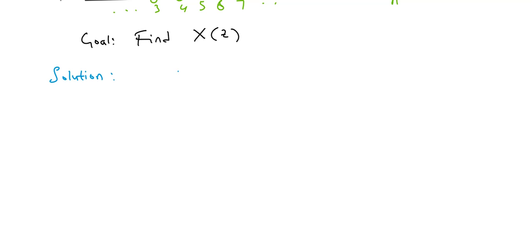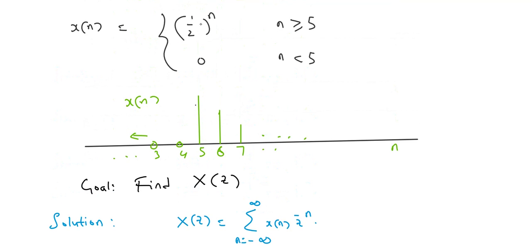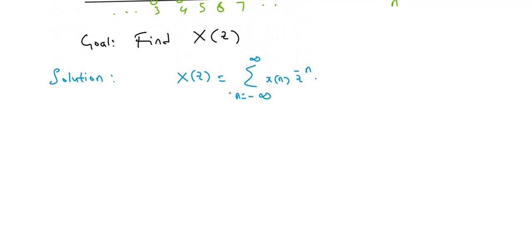So by definition, X of z for any given signal is the summation n is equal to minus infinity to plus infinity x of n z power minus n. So since the signal is defined only from 5, and everything before 5 is 0, the Z transform definition can be modified as follows.